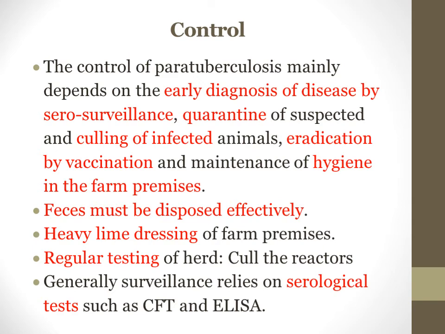They are the confirmatory tests. In other tests, there are a large number of false positive or negative cases. But these two tests, CFT and ELISA, are more confirmatory tests.